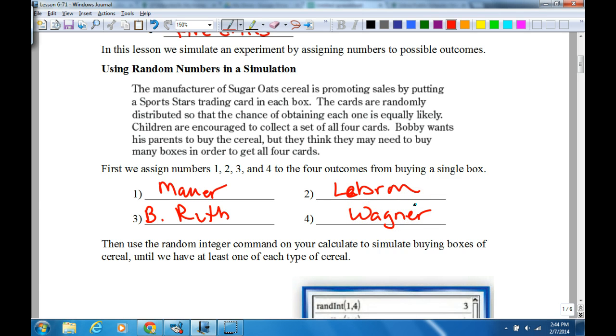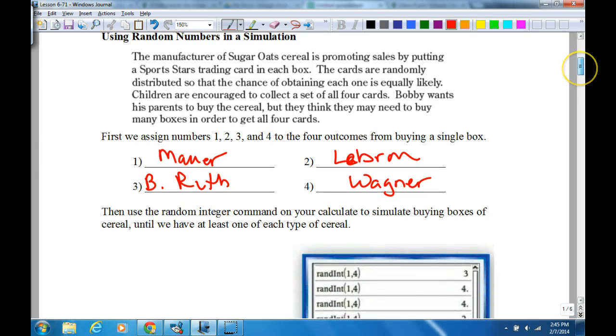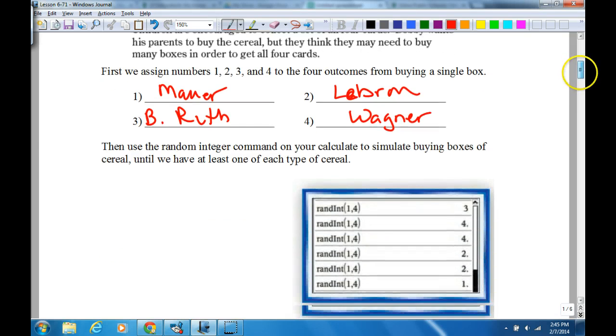Okay, so just say these are 4 that they're putting into their cereal, and this kid really wants to get them. So, what we want to do is simulate the chances of getting all these cards. We're going to use a random number generator command on the calculator.